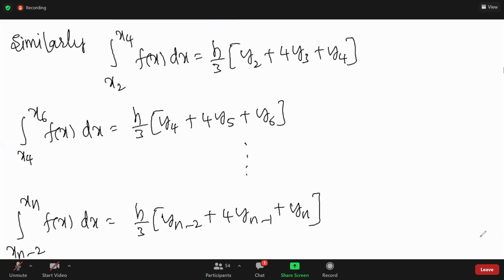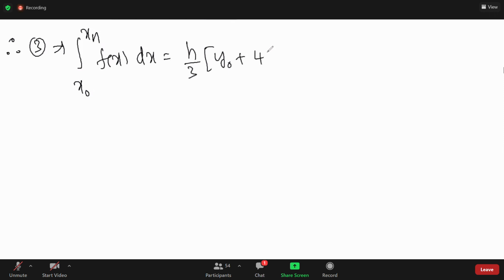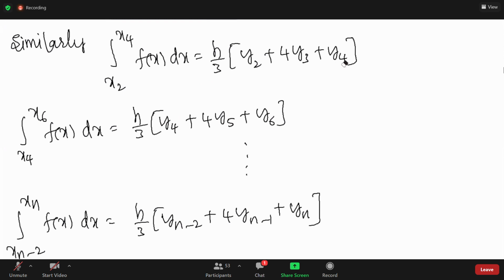Substituting 3, therefore 3 implies integration from x0 to xn f of x dx is equal to first term h by 3 into y0 plus 4y1 plus y2. Next term h by 3 into y2 plus 4y3 plus y4.